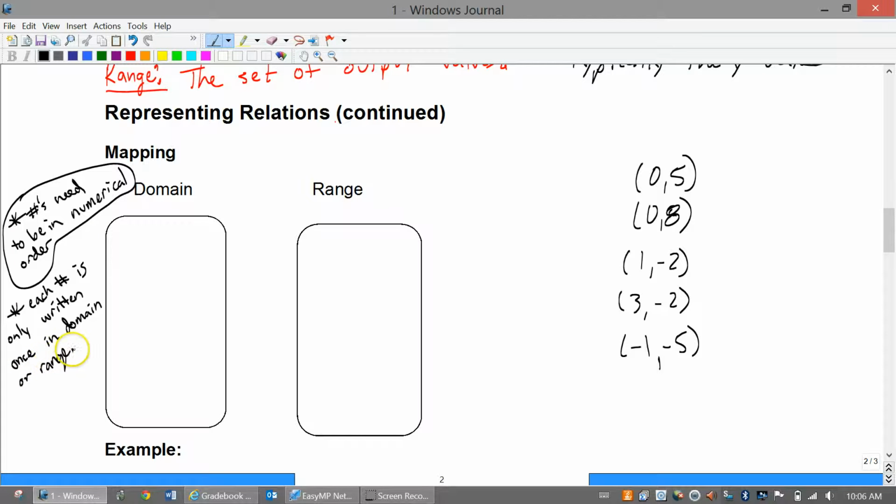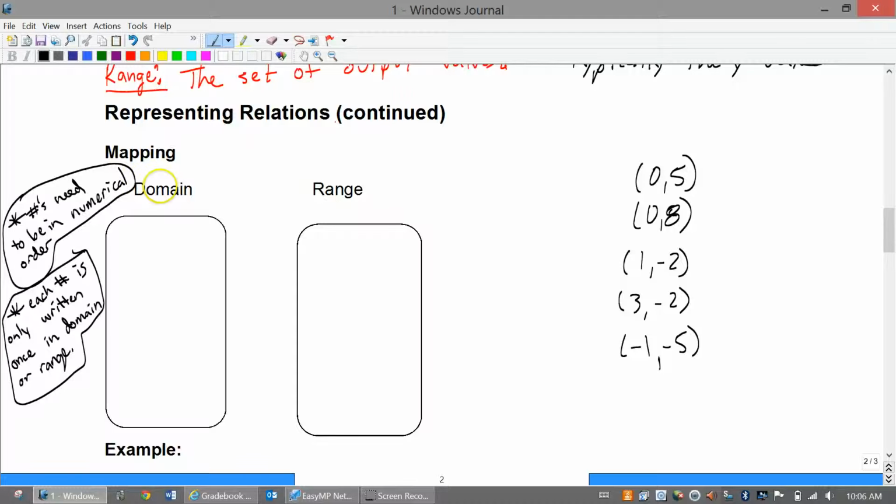That is not a specific way to say it. I'm having trouble articulating that. But what I mean by that is don't write the number 2 twice in the domain. Don't write the number 0 twice in the domain, in this case. Don't write the number -2 twice in the range. Does that make sense? Don't double it up.